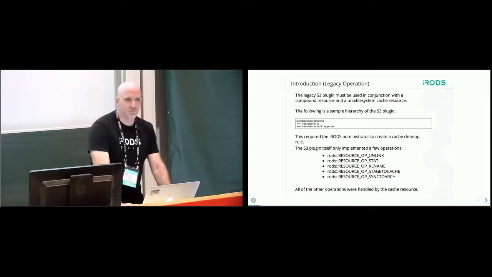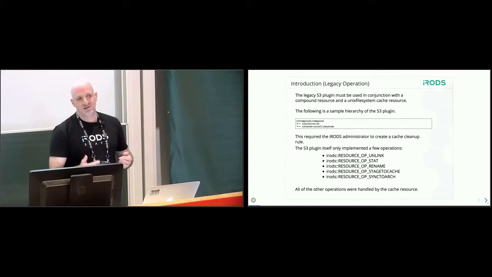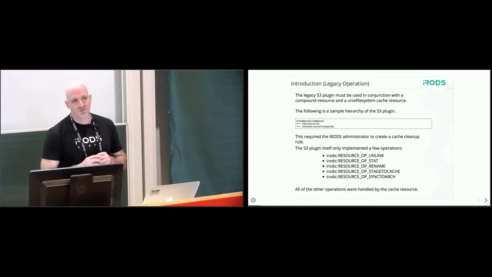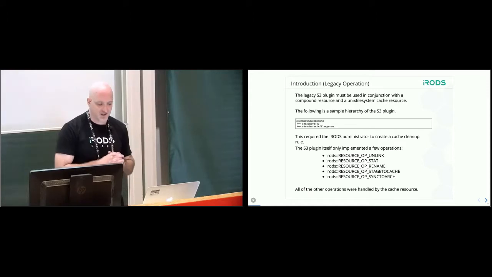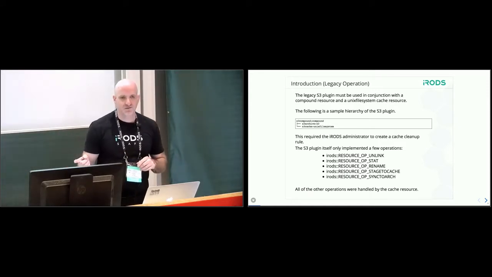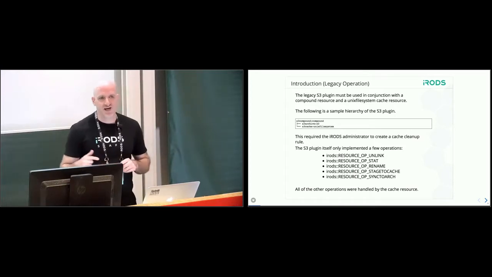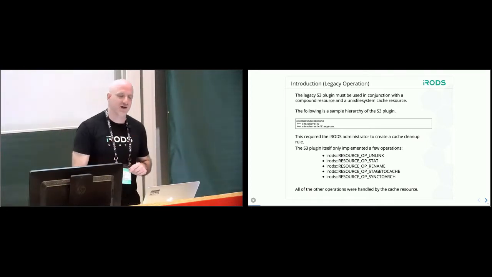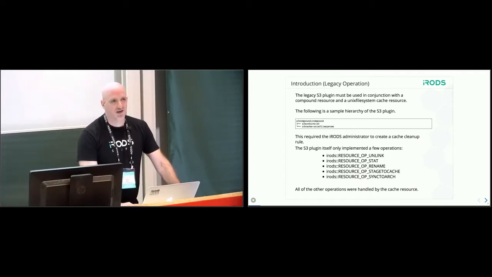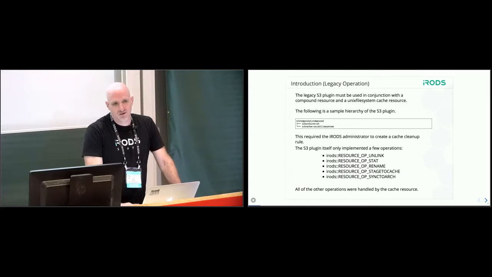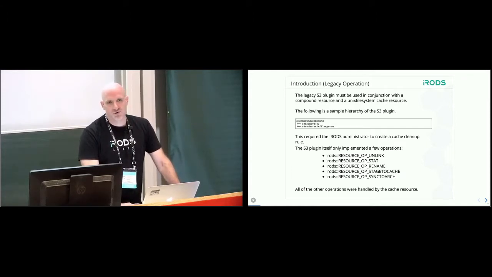So any puts or gets that would go into iRODS would first be written into the iRODS cache resource, and then it would be staged to archive, and then on the other way, if it's not in the cache, it would be sync to cache first and then read from cache. So all the POSIX-like operations like seek and open, write, read, all of those were implemented in the cache resource itself, not in the S3 plugin.